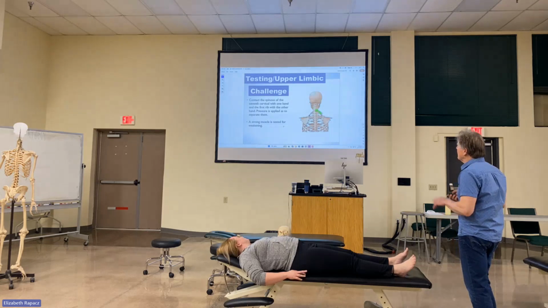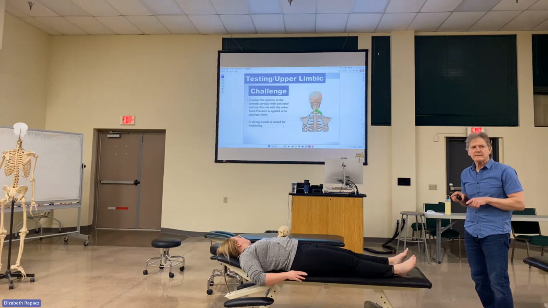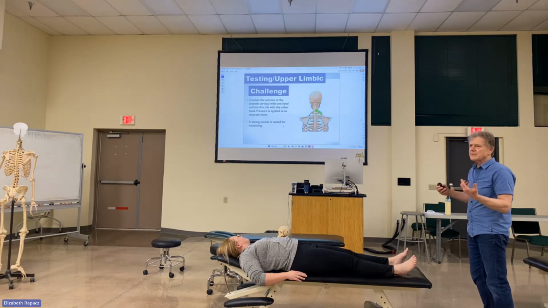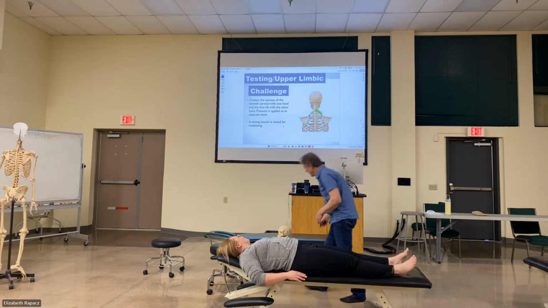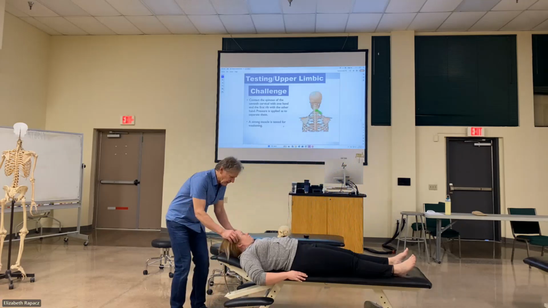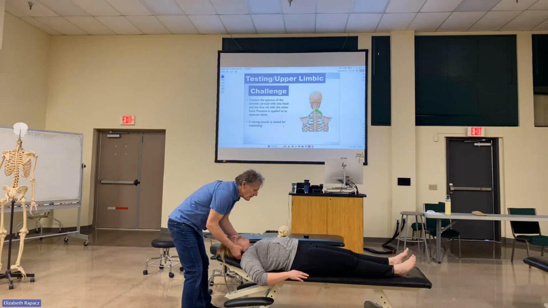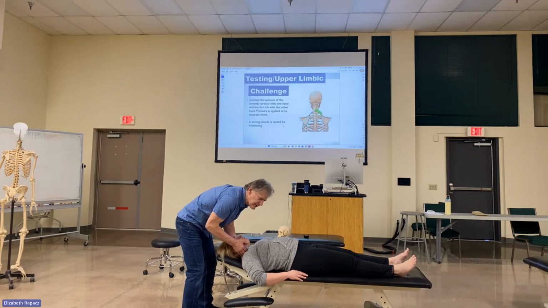So we challenge it. Now, we know it's there on the right side, but I don't know how I'm going to adjust it. I kind of do, but I'm going to challenge it away, and usually it needs to be accelerated. So there's her first rib.